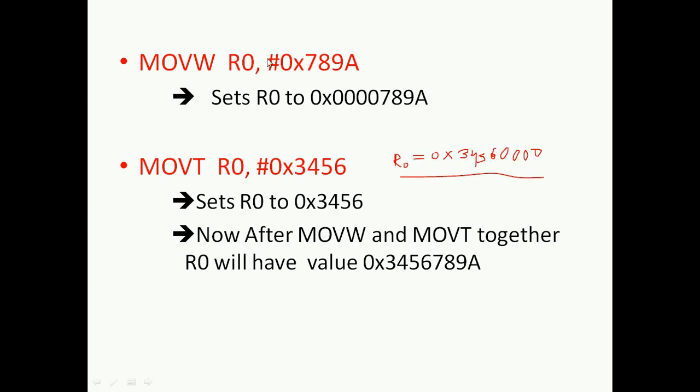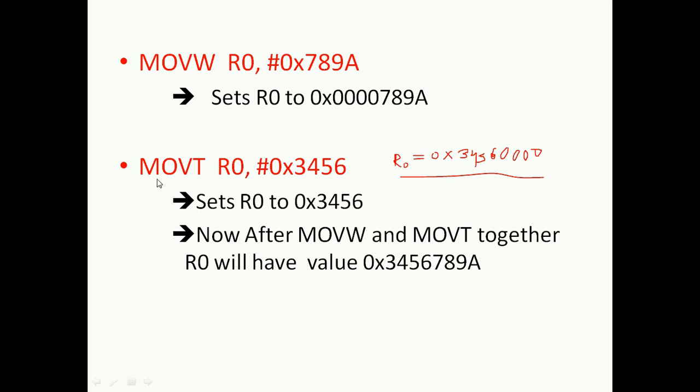If I execute these two lines of instructions one after the other and the destination register is the same, then the R0 content is updated one after the other like this. First this will be executed, so first R0 will have this value, and at that time these were zeros.